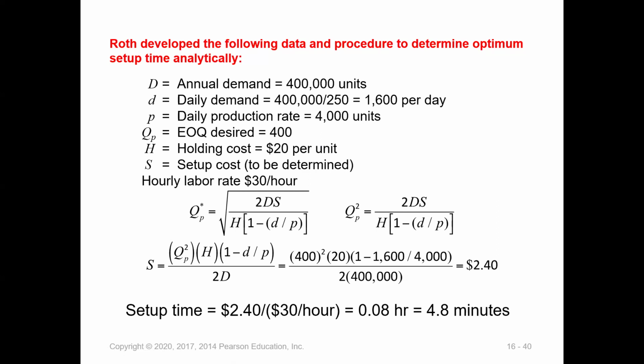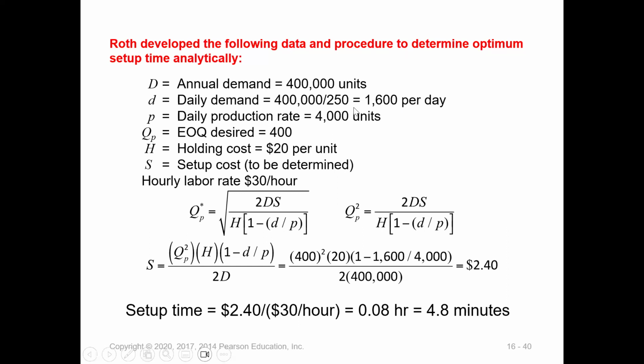So can somebody remind me what I said when we covered chapter 12? We said if we are not given the daily demand, we should use how much? You mentioned that before. The annual. Yeah, if the number of working days is not given for this class, we just use 250, okay?